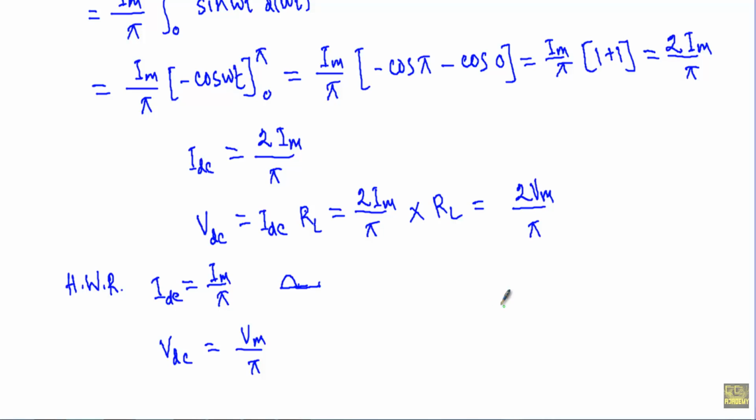Now here we have to calculate PODC. PODC is equal to IDC square into RL. So if I take the square of this IDC, I will get 4Im square divided by π square, and multiply this with RL.